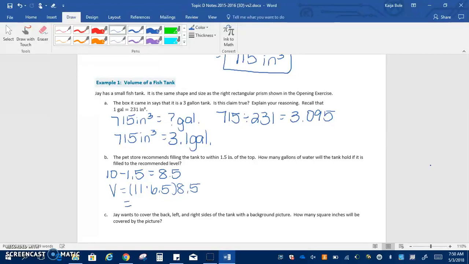And when you multiply those, you get 607.75 cubic inches. So now they want to know how many gallons, so I'm going to have to take that 607.75 divided by 231, and you end up with 2.6 gallons.